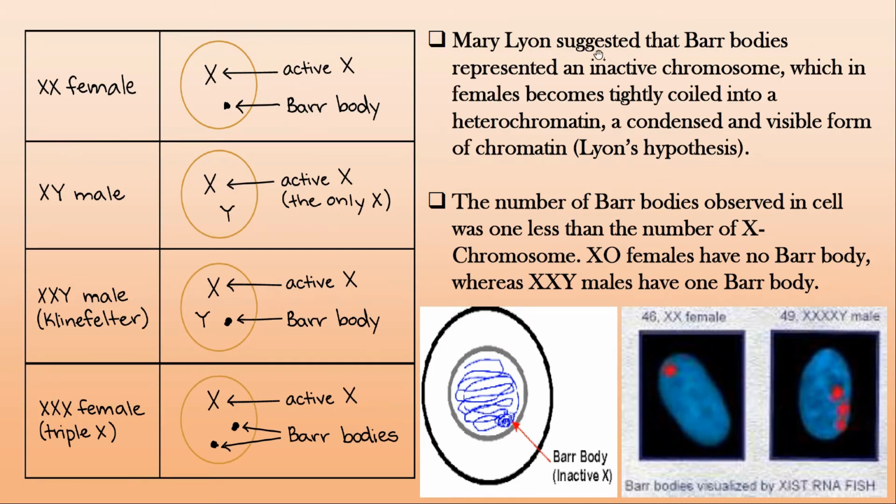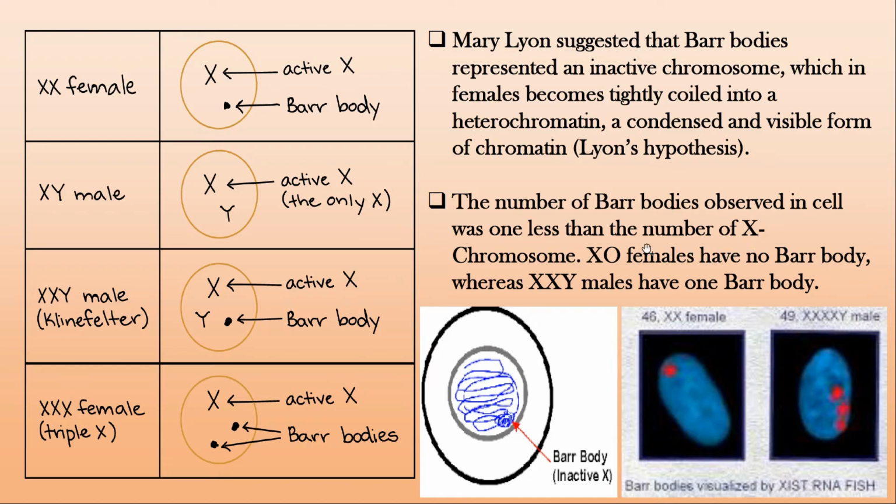Here you can see Mary Lyon suggested that Barr bodies represent the inactive X chromosome, which in the female becomes tightly coiled into heterochromatin, a condensed and visible form of the chromatin. The number of Barr bodies present in the cell will be one less than the number of X chromosomes.